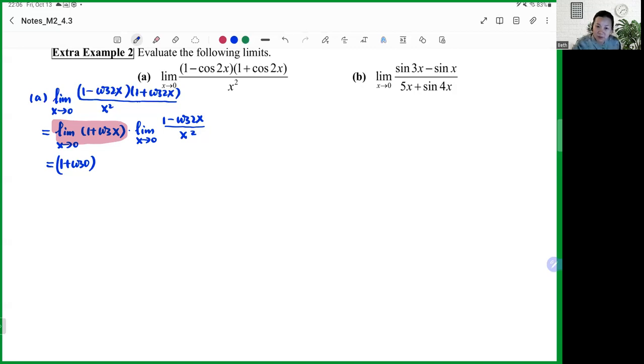Now these two are bad because both of them are 0. Now 1 minus cosine 0 is 0. X squared is also 0. Now in this case, I will simplify these two. This one, again, I'll use the double angle formula.